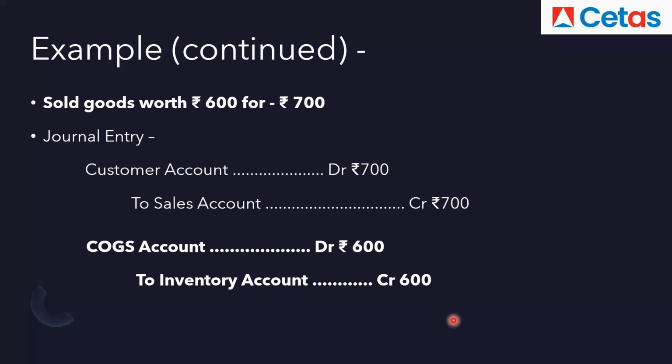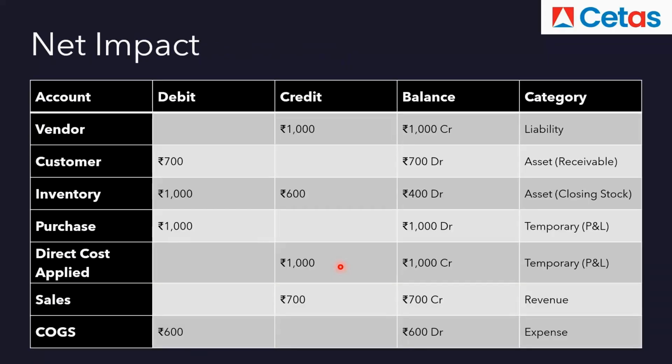If you see here, we have recognized revenue in the PL for rupees 700. We have reduced inventory by rupees 600, and we have also recognized COGS as an expense in the PL for rupees 600.